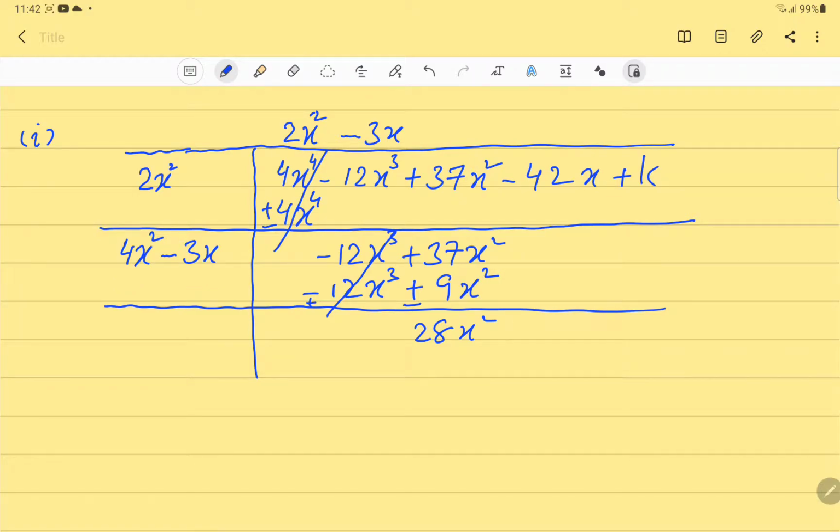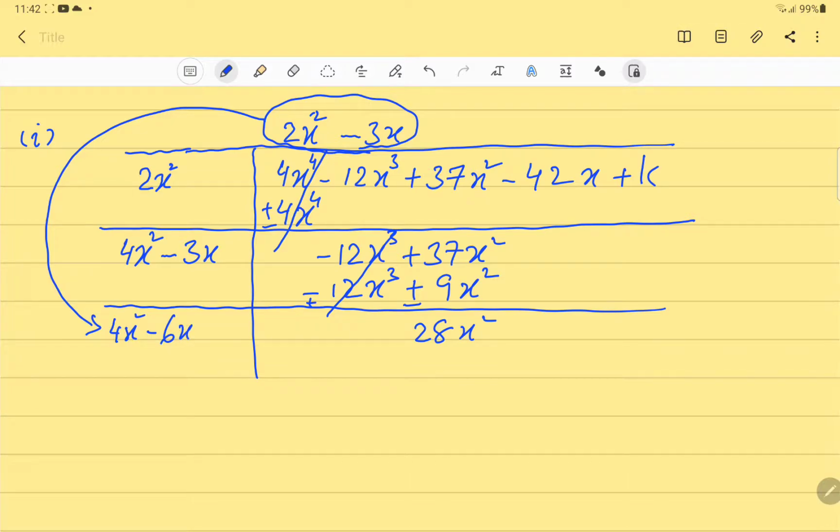Now again we have to apply the same procedure. This is the quotient. We will multiply it with 2 and we will write it over here. So 2x squared into 2 is 4x squared, and minus 3x into 2 is minus 6x.